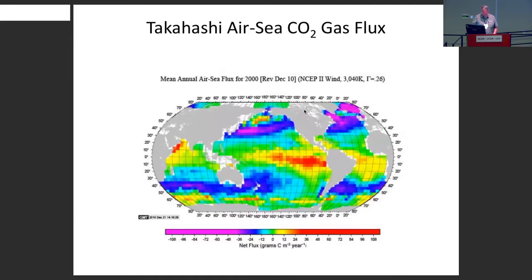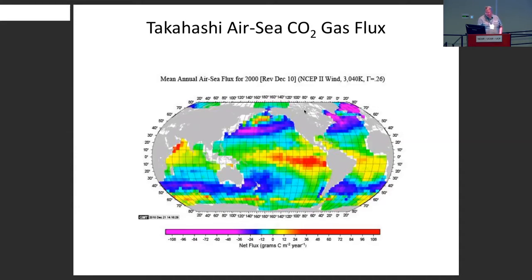Actually, one more slide before I summarize with words, sorry. This is the air-sea exchange with the ocean. This is a map of the flux of air-sea CO2, also from observations, from shipboard measurements of the difference between partial pressure in the ocean and partial pressure in the atmosphere of carbon dioxide, computing what the flux would be.